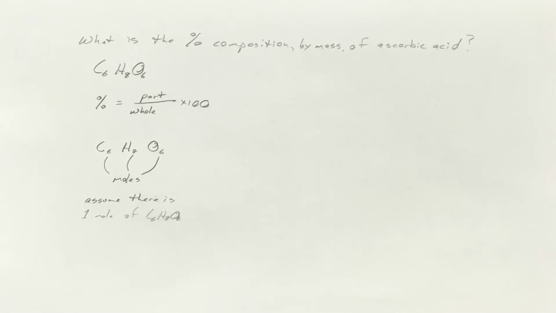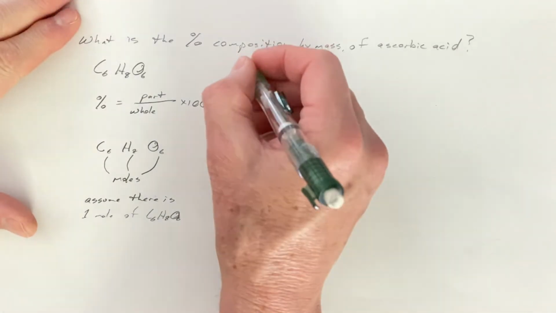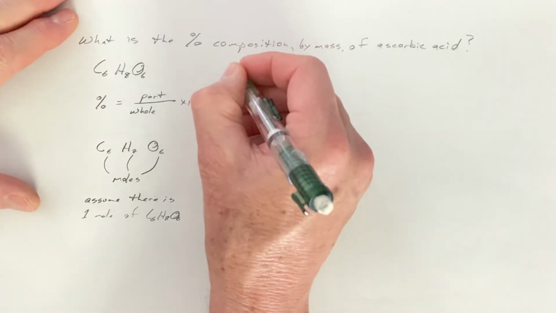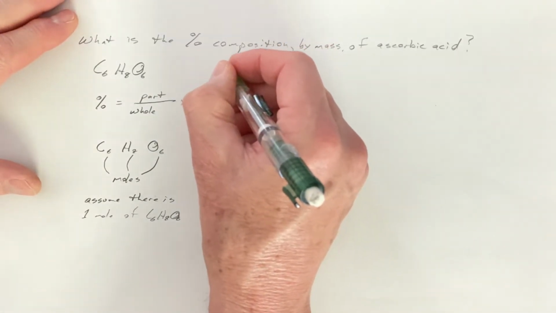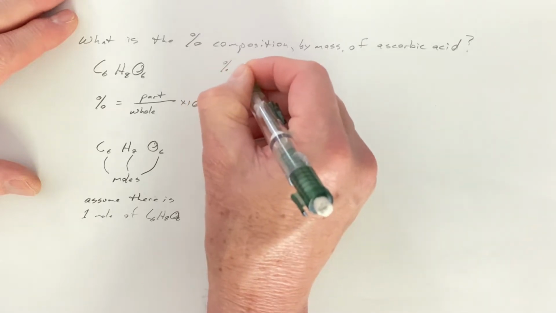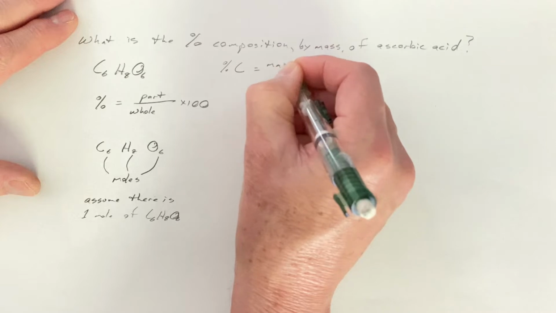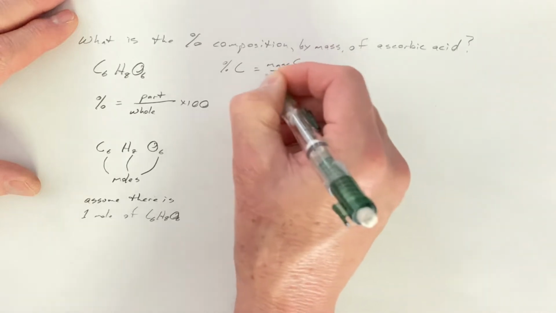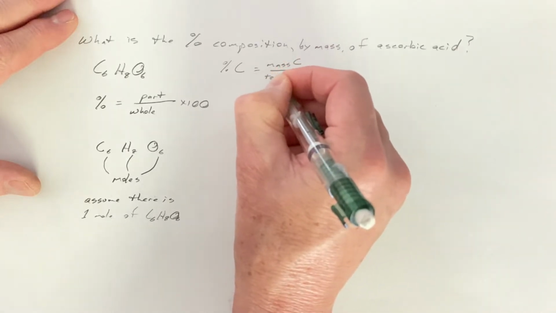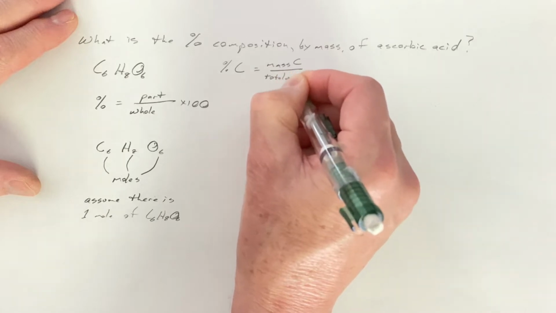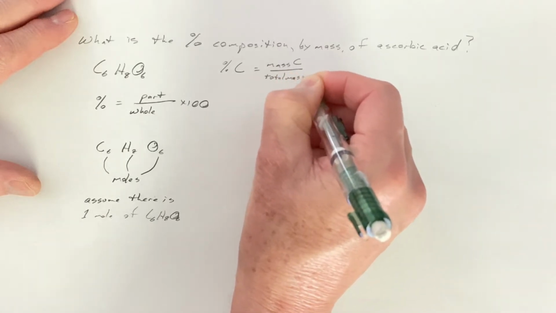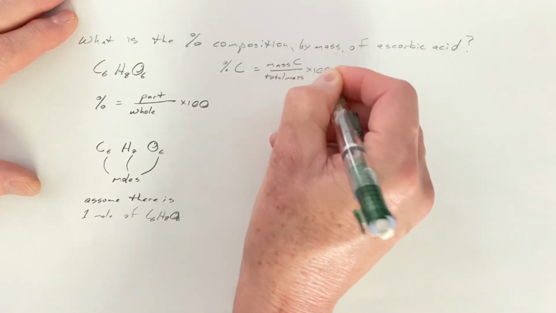All right, so when we want our percent composition, we shall say we want the percent composition of carbon. The percent composition of carbon will equal the mass of carbon divided by the total mass, or the whole, times 100.